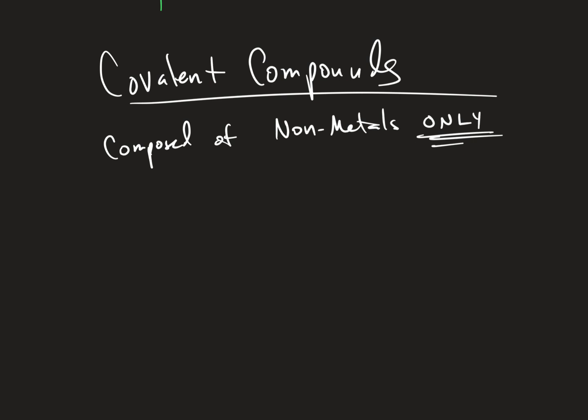What else? We talked about ionic compounds being crystalline solids at room temperature. Covalent compounds, they're all over the place. They could be gas, they could be liquid, they could be solids. They could be crystalline, they don't have to be crystalline. They're just different, okay?